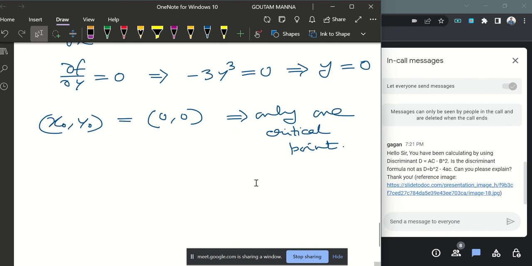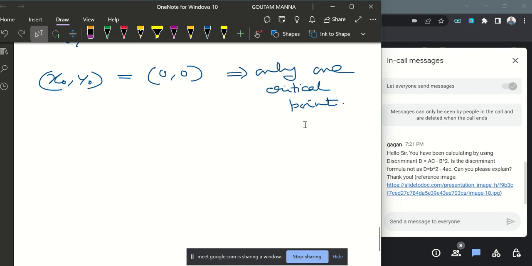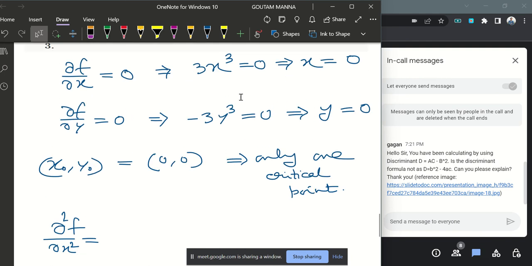So now let's check whether this critical point is a saddle point or maximum or minimum. For that we need to do the second order partial derivative test. So let's calculate del 2f del x2.